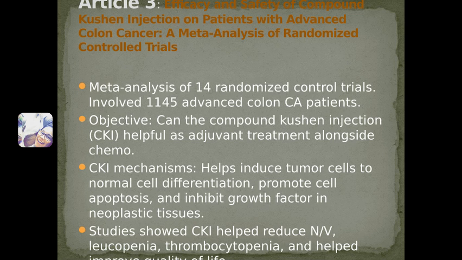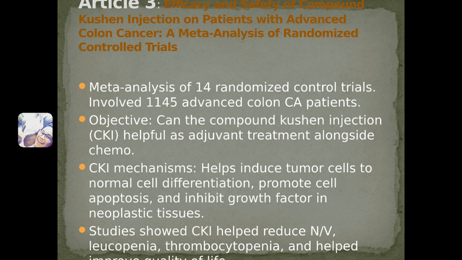This CKI is extracted from two different Chinese herbs, Kushen and Baituling. Hopefully I'm saying that right. I'm sure I'm not. CKI has various active compounds like matrine, oxymatrine, and sophoridine, which have anti-inflammatory, antiviral, antifibrotic, and anti-cancer effects.